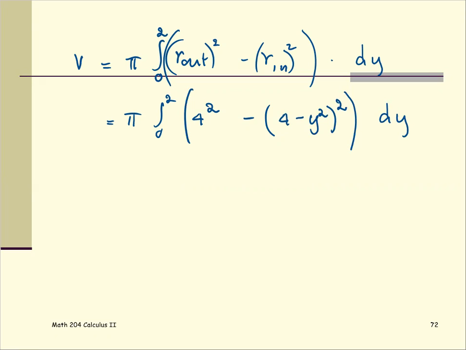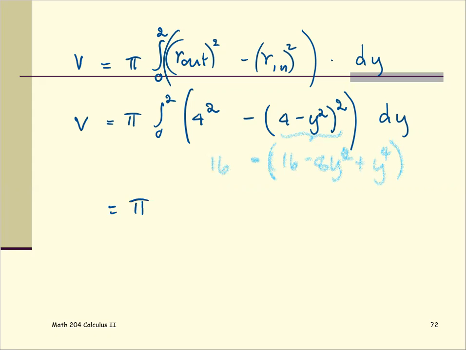What we have to do after this, so this is the setup. After this, we just simplify as much as we can. This part, we have to perform the square of 4 minus y squared. So we get 16 minus 8y squared plus y to the fourth in the parentheses with a minus sign in front. 4 squared is 16.